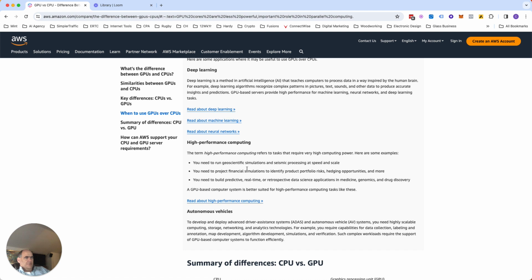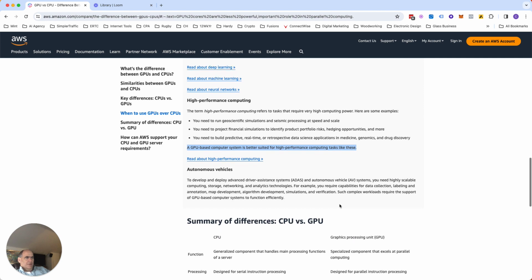Here are some examples: geoscientific simulations, financial simulations, real-time, predictive, retrospective data science applications in medicine, genomics, and drug discovery. A GPU is a lot better suited for that type of task, processing large volumes of data and walking through it.